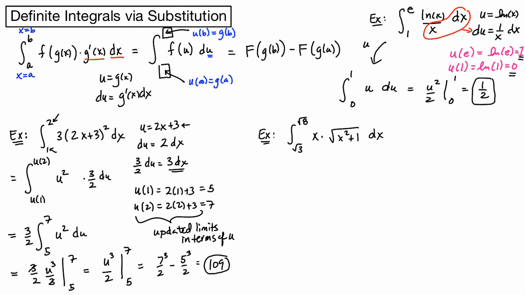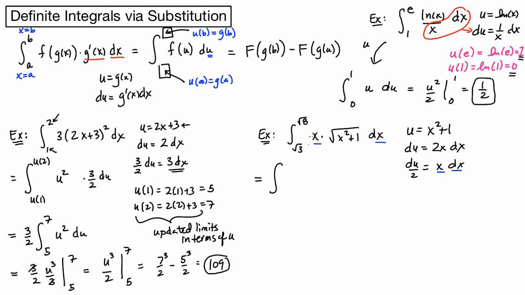Now here the u substitution that seems appropriate is x squared plus 1, because we know the differential is 2x dx, and therefore du over 2 is x dx. And you can see that the x dx here matches what's in the problem.